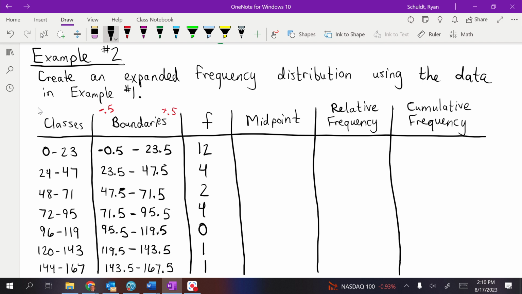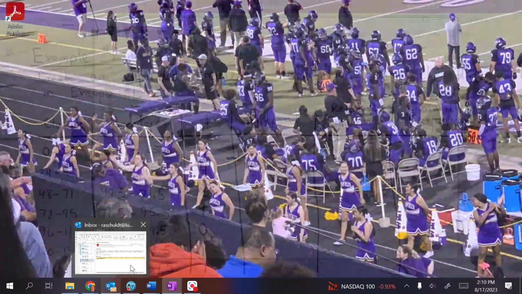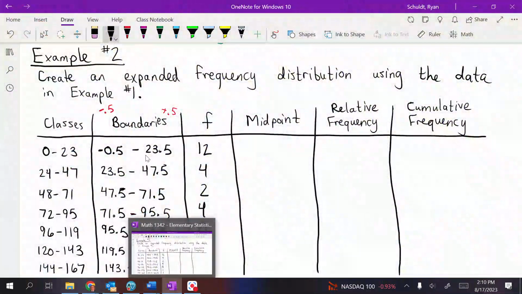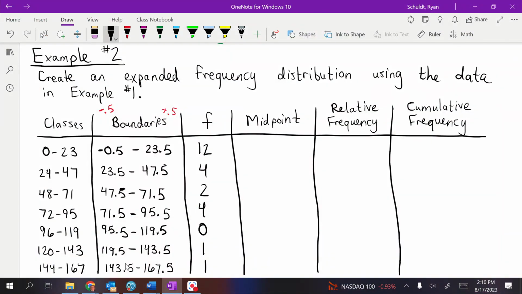Wouldn't the last one just be 143 or no? Which one? Oh, the very last one? This one down here? Yeah. It can't be because we have to subtract 0.5 each time. We're talking about right here. Yeah, we have to subtract the 0.5 from the 144.